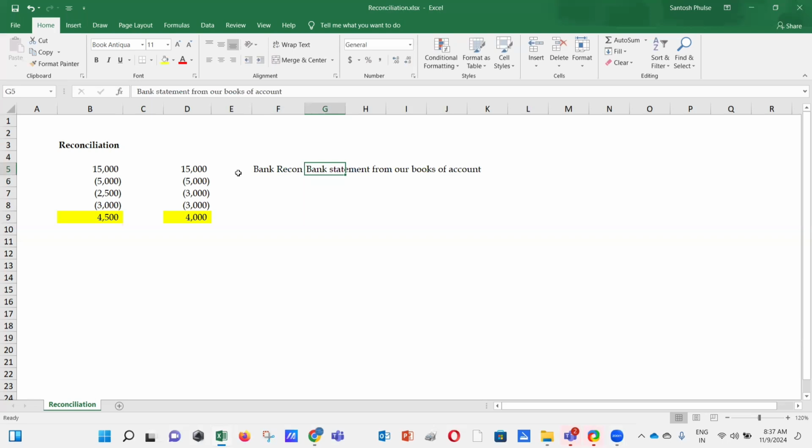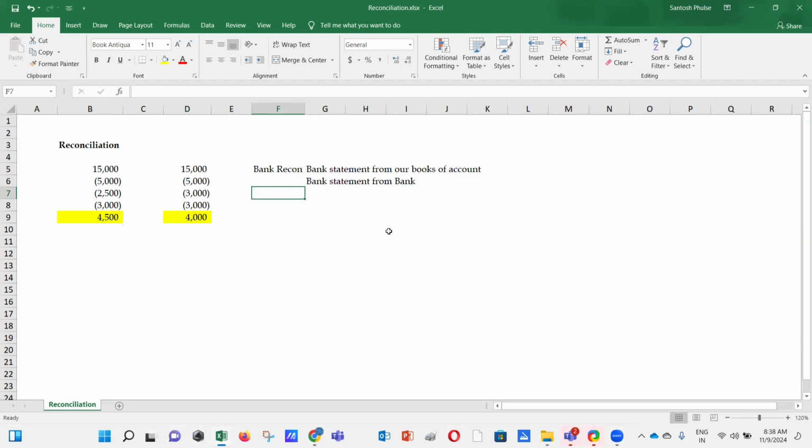And second, we ask the bank to provide a bank statement. You have these two statements, one from your books of account, second from the bank, and you have to do the reconciliation between these two to ensure that the balance matches. How are you going to do that?